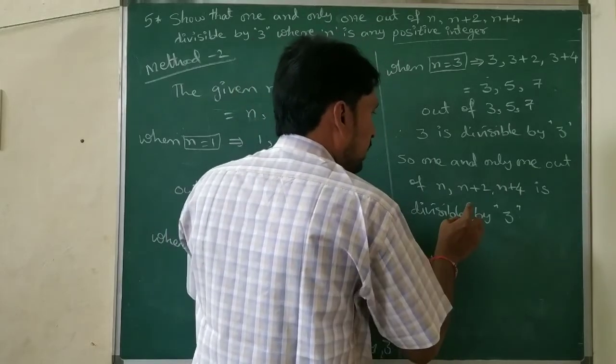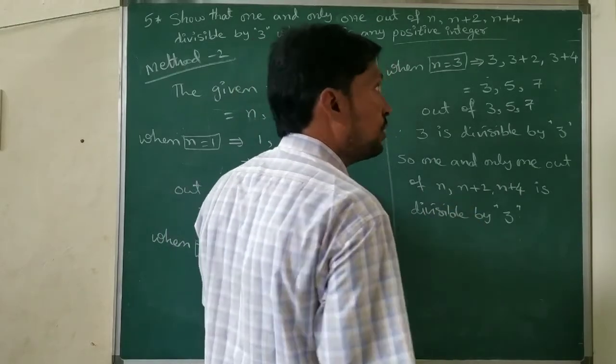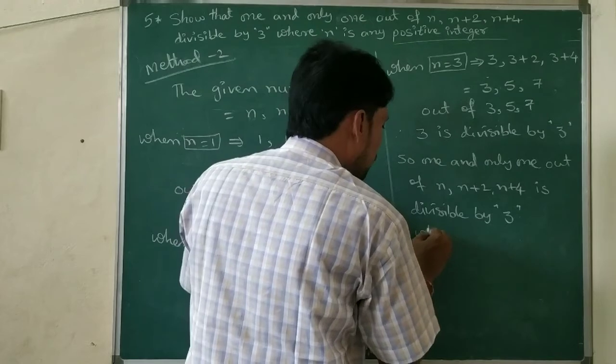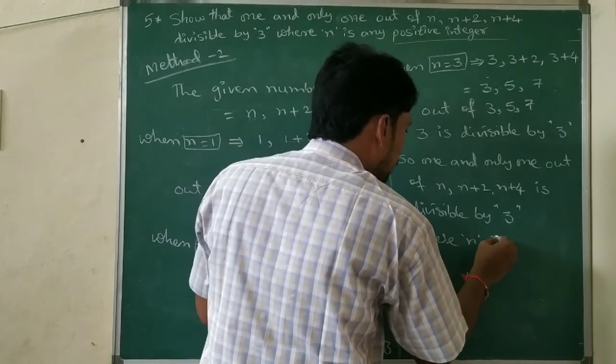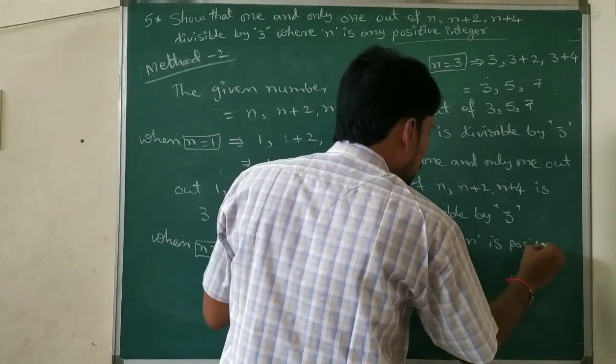Here n is some positive integer, already it is given. So where n is a positive integer.